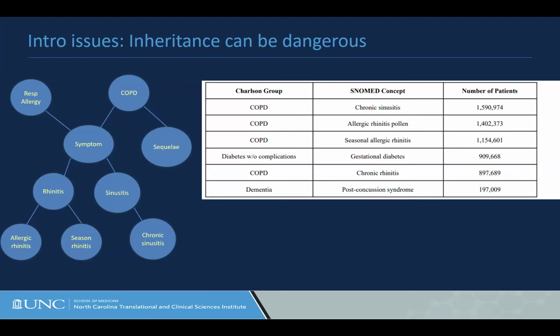And you can see that both of those inherit through lineage this symptom category, which then inherits both rhinitis and sinusitis. And through the rhinitis, you get down to allergic rhinitis and seasonal rhinitis. And that might be fine if you're taking the respiratory allergy and inheriting descendants. But if you take something like COPD and inherit descendants, what results is that you wind up pulling allergic rhinitis and seasonal rhinitis into your grouping of COPD.